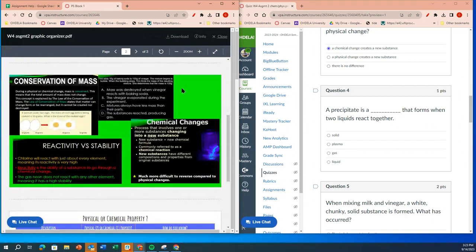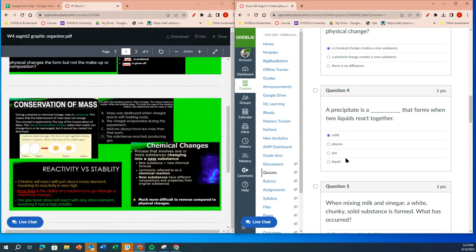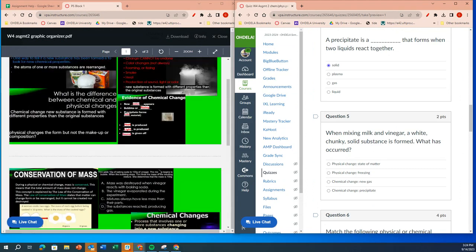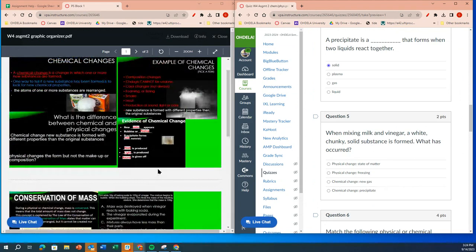It's a solid, right? So that's a solid. All right, so when mixing milk and vinegar, a white chunky solid substance is formed. What has occurred? All right, so that is a chemical change because something else is formed, and that's also a precipitate.